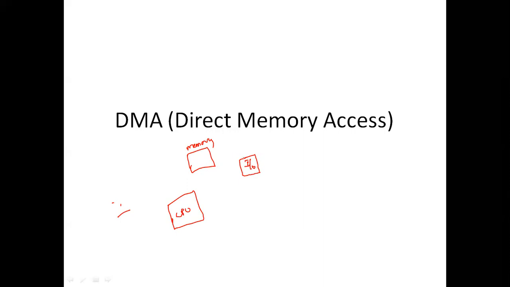If an IO device wants to do any read or write operation, first it will contact the CPU. This is the first cycle. In the first cycle, it contacts the CPU and the CPU does that action. This is the second cycle. If any IO operation has to be done, we need two cycles compulsorily. So for each and every operation, we need two cycles compulsorily.